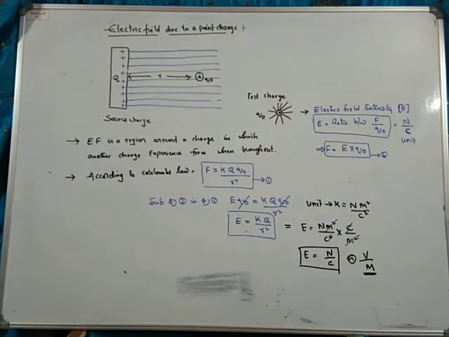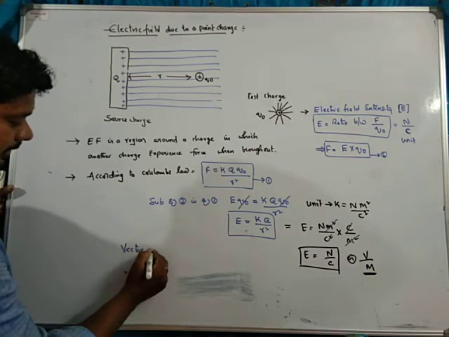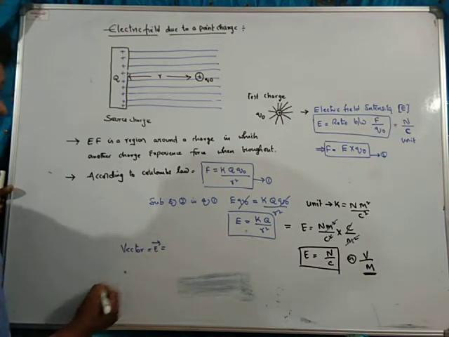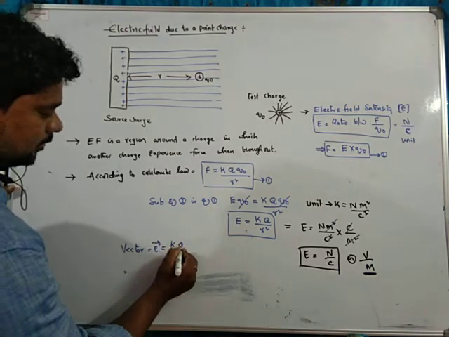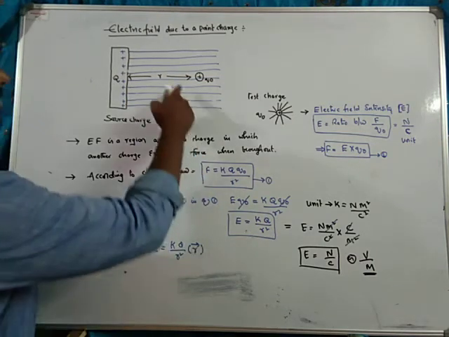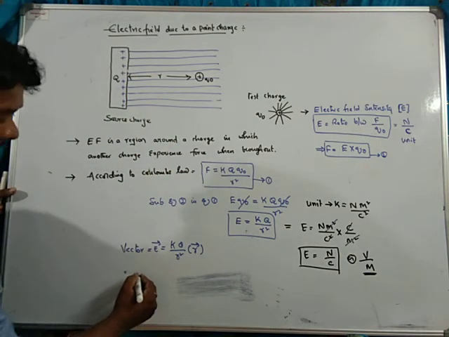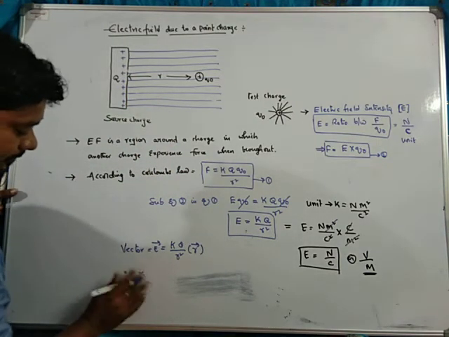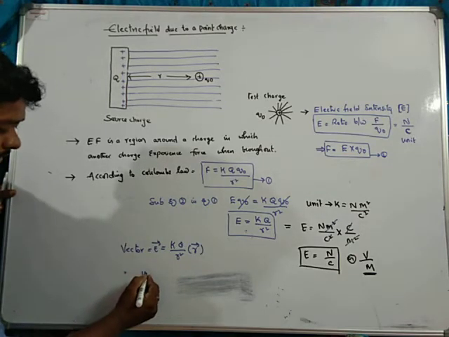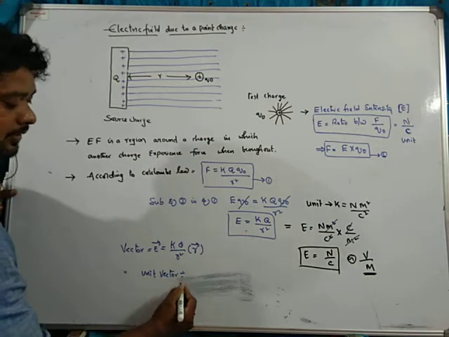Suppose you want to represent it in vector form, since this expression only represents the magnitude. In vector form, E is equal to KQ by r square along the direction of r. Whatever the r is, we consider it along the direction of r. Already we know about unit vector. What is the definition of unit vector?